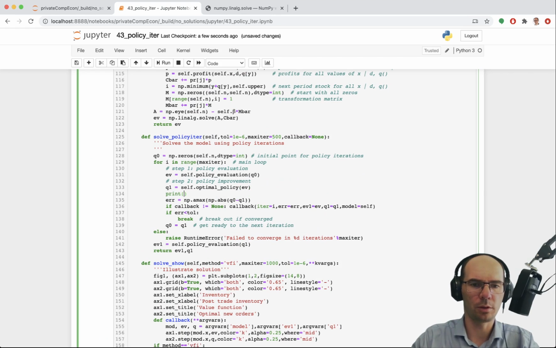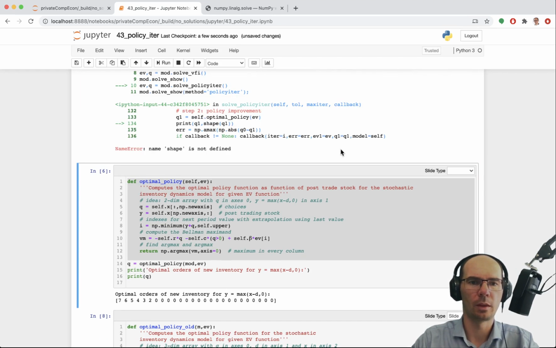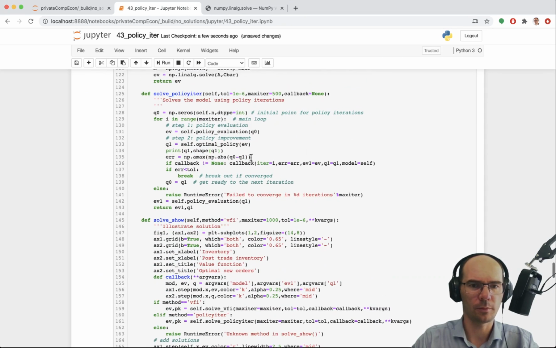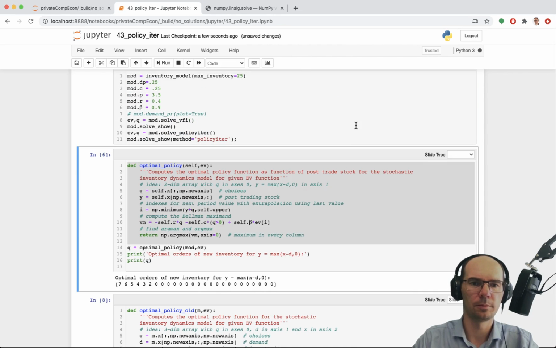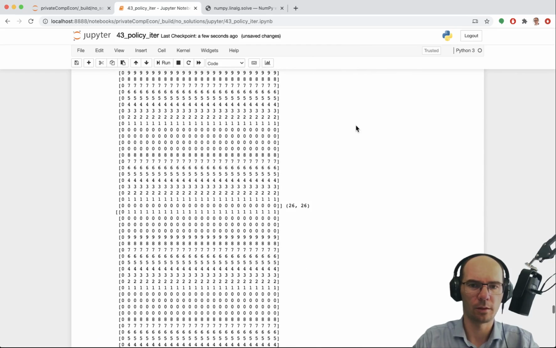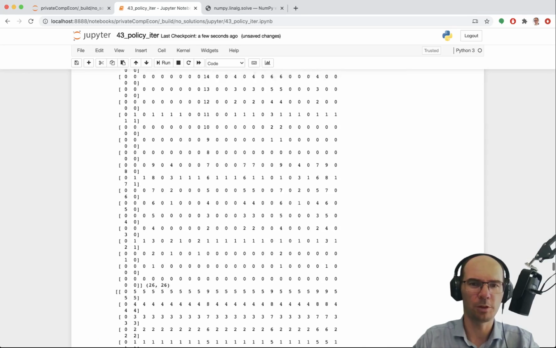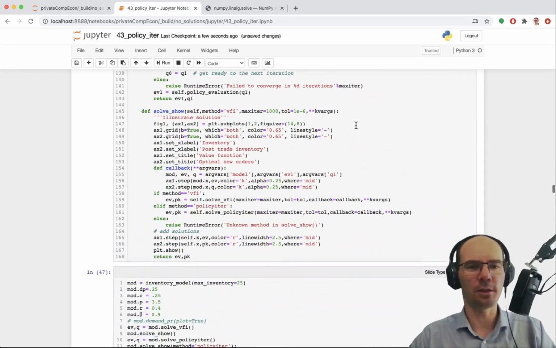So if I print Q1 here, together with its shape, shape is not defined. How is Q1 26 by 26? It should be just a vector. Okay, so there's clearly a problem.